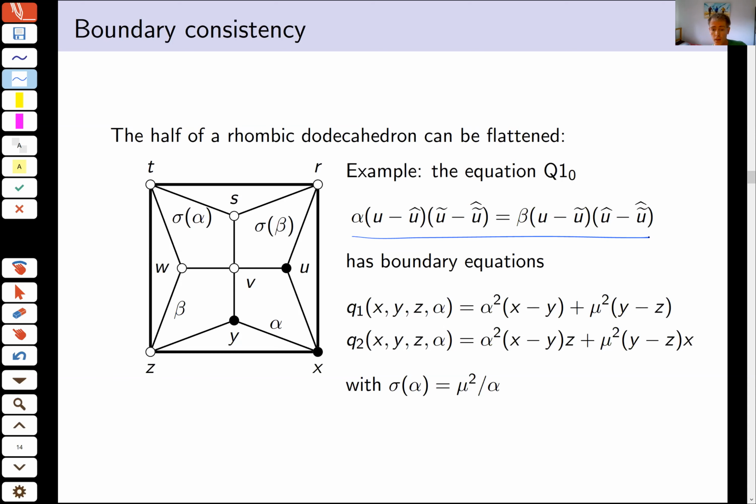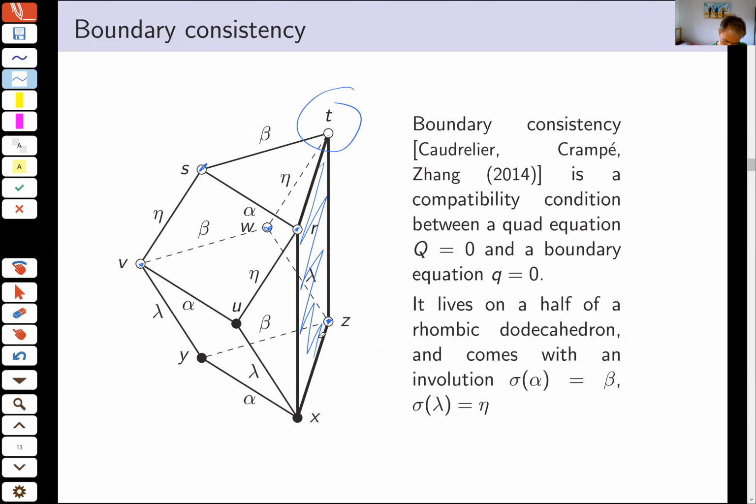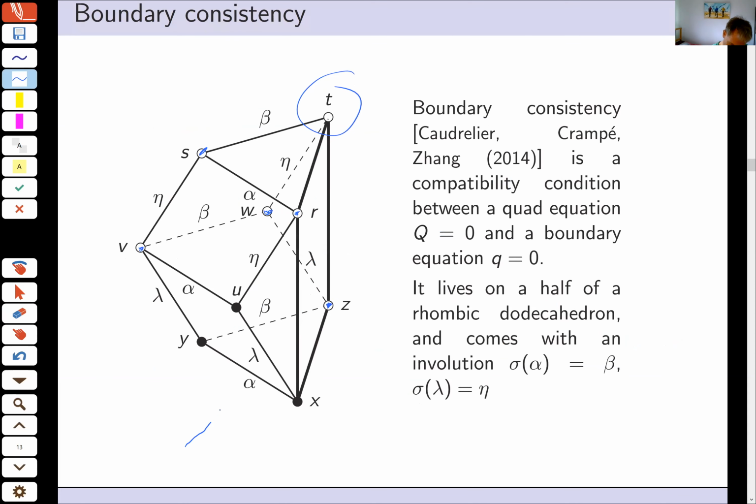There are more. We can have a sigma, which is an involution that relates the parameters. So if we look at characteristic lines, and actually that's something I forgot to say. Let's have a look at it now. What is the meaning of this diagram? If we look at characteristic lines, let's go here on the front.